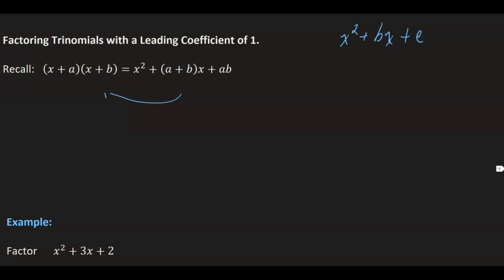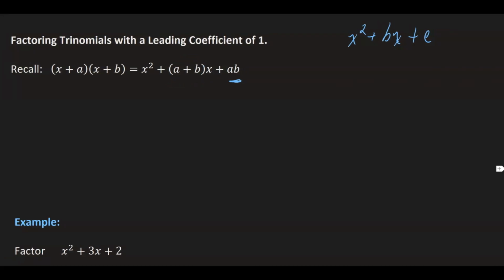So what we want to do is keep in mind that the coefficient of x is the sum of 2 numbers whose product is also the constant there. Okay? So we'll be asking ourselves to look for 2 numbers that have a sum of the coefficient of x and a product of the constant term.